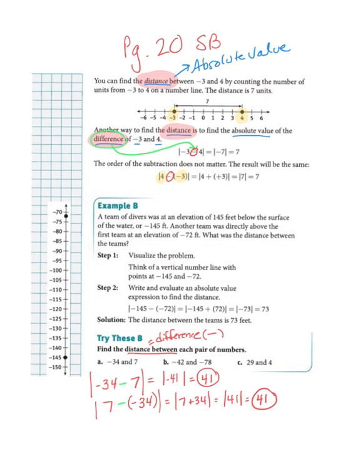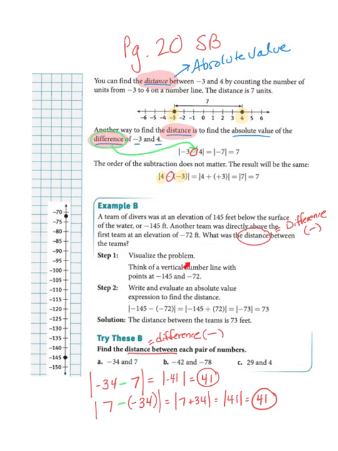Well, as soon as I see distance, I'm going to perk up and remember, distance means difference. So I need to subtract the two integers. And there's Springboard already showing us how to make that happen.